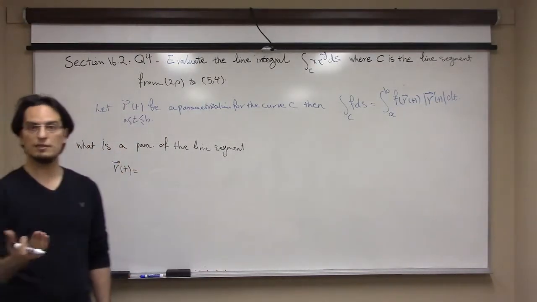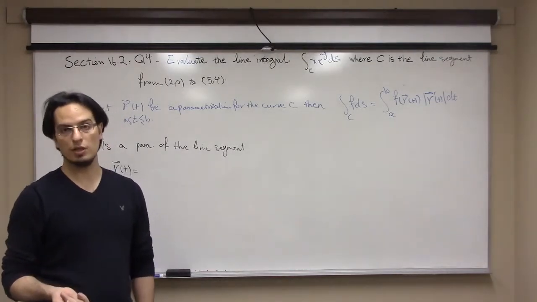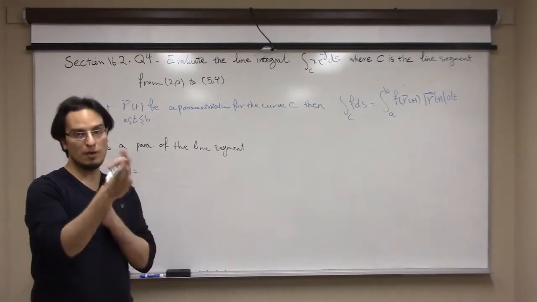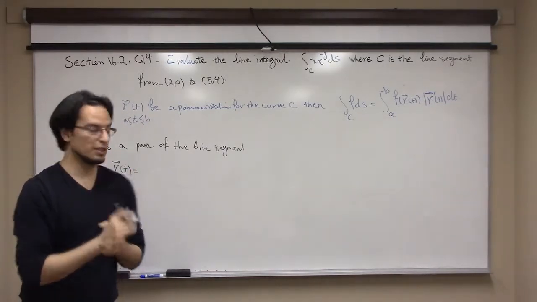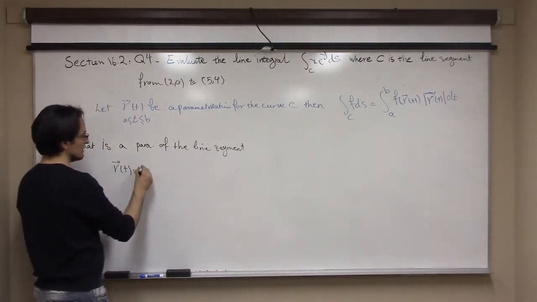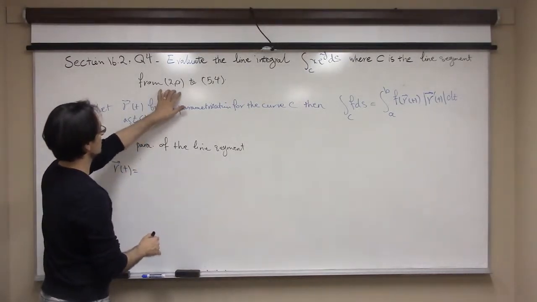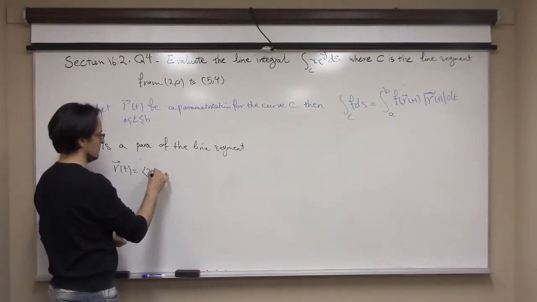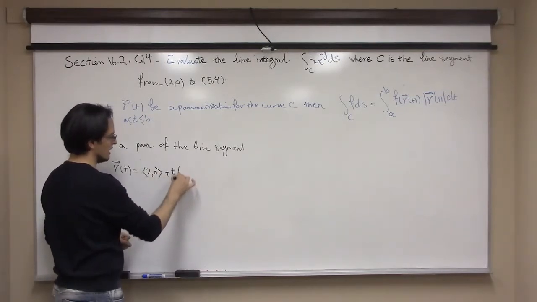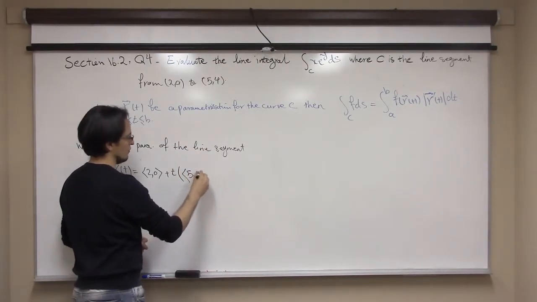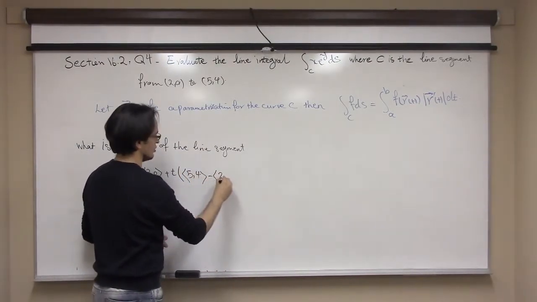You know how to find the equation for a line in R2, R3 using one point and one vector showing the direction. In general, what you can do is put the first point here, plus t times the end point (5, 4) minus the initial point.